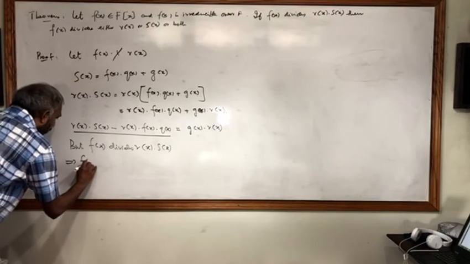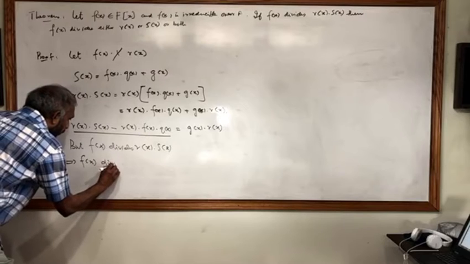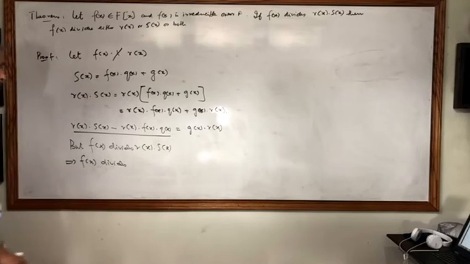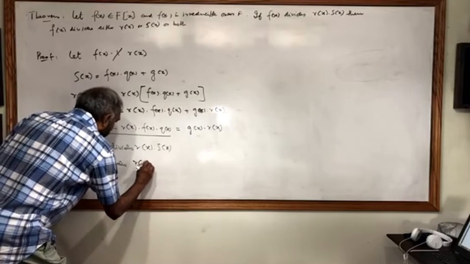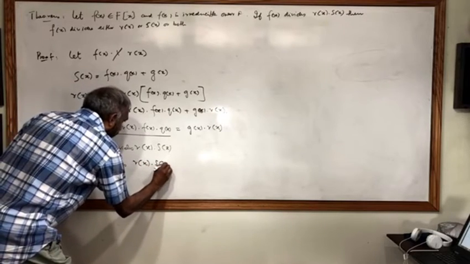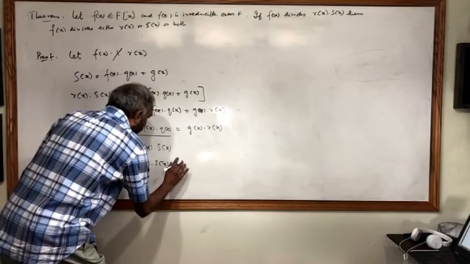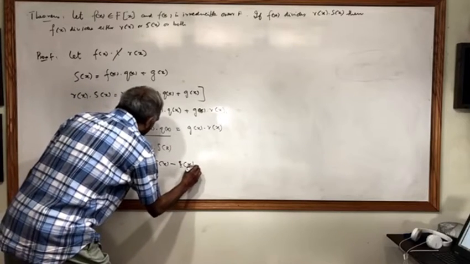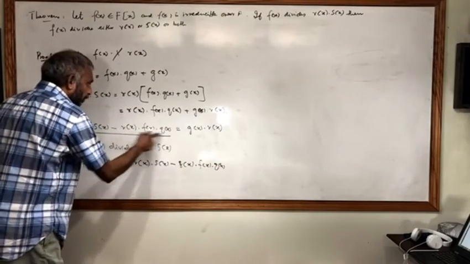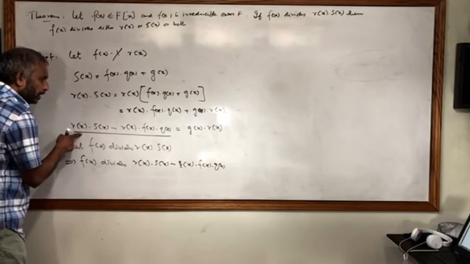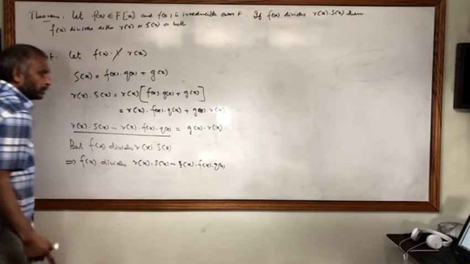So f of x divides r of x times s of x minus r of x times f of x times q of x, because this is a multiple of f of x and this is a multiple of f of x. So the whole thing is a multiple of f of x, or it is 0.